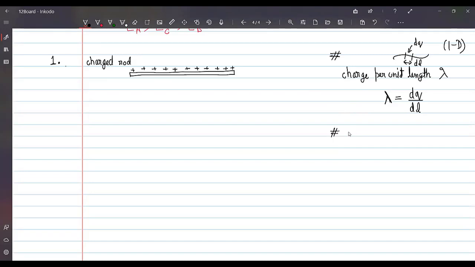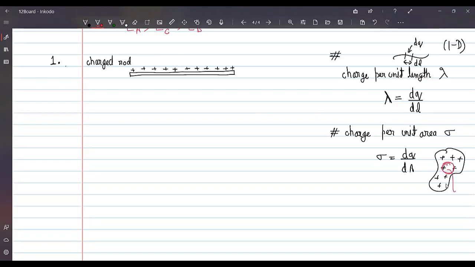Similarly, we will define charge per unit area, denoted as sigma. Means if we have a region in which positive charge is distributed, either uniformly or non-uniformly, we can take a small region, let us say this much region.